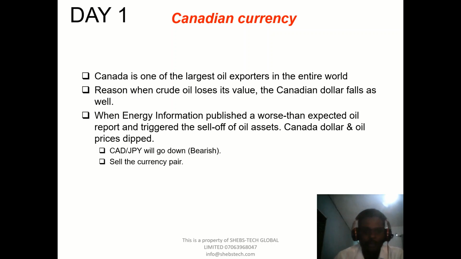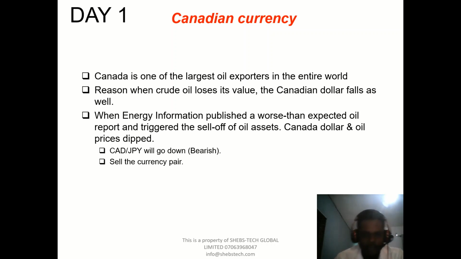In this class, we look at the Canadian currency. Canada is one of the largest oil exporters in the entire world. The reason is that when crude oil loses its value, the Canadian dollar falls as well. When energy information is published and there's a worse than expected oil report that triggers a sell-off of oil assets, the Canadian dollar and oil prices go down.